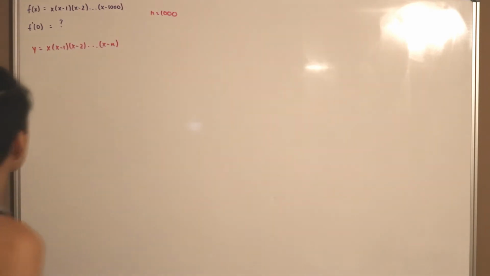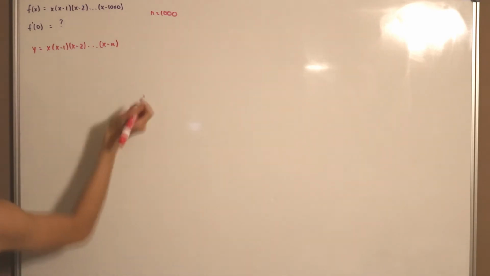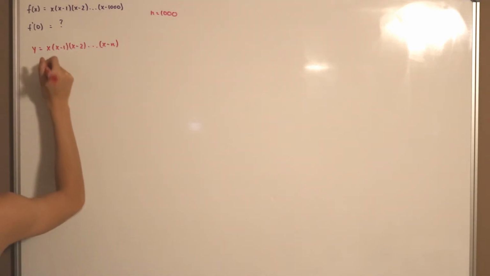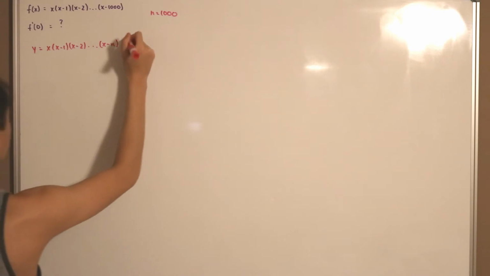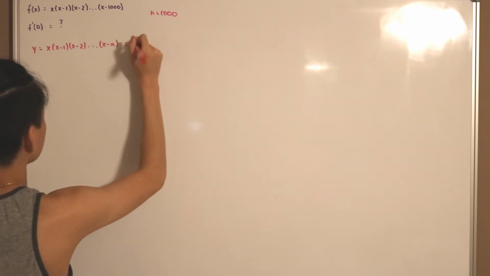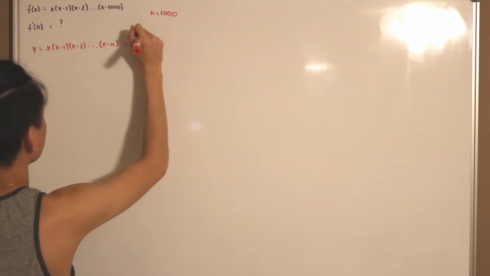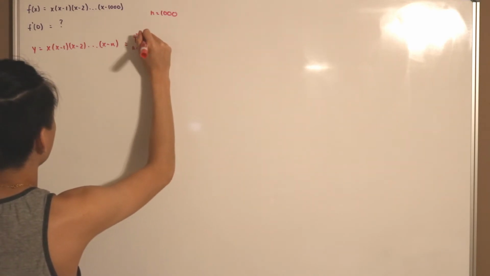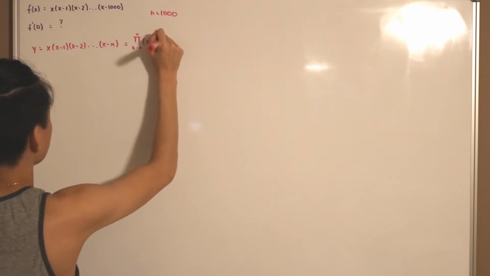Then we can rewrite this as a product series, which is equal to the product from k equals 0 to n of x minus k.